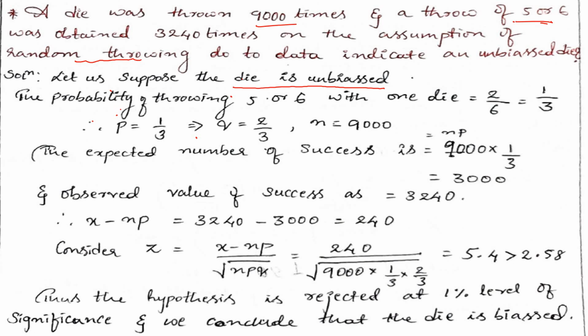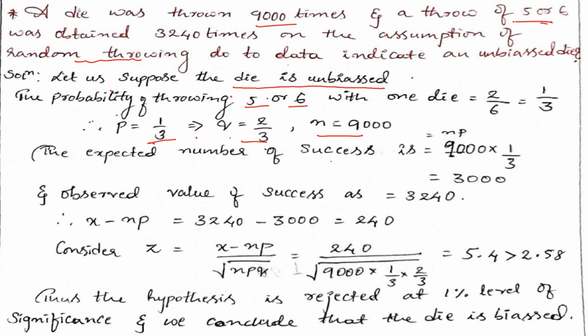What is the probability of throwing, while throwing randomly, a 5 or 6? There are two outcomes, so out of 6 faces, your chance factor is the two faces called 5 and 6. Therefore, the probability of throwing is 2 by 6, which is nothing but 1 by 3, which is defined as P. Once you know P, we can find Q. N is given, that is 9000.